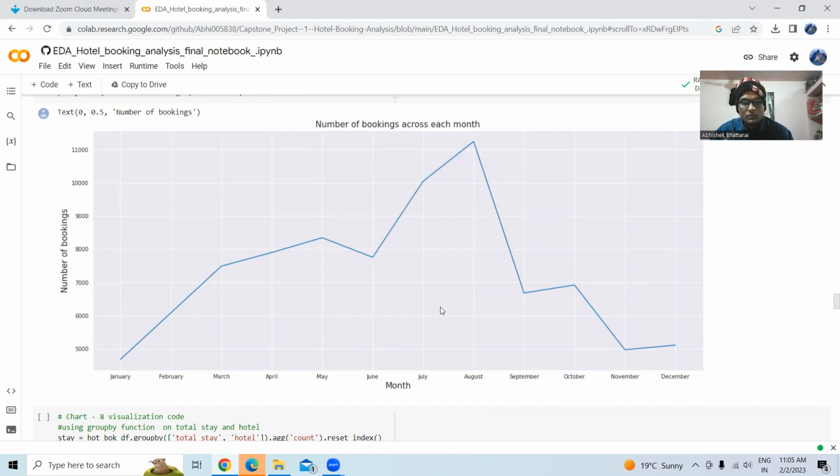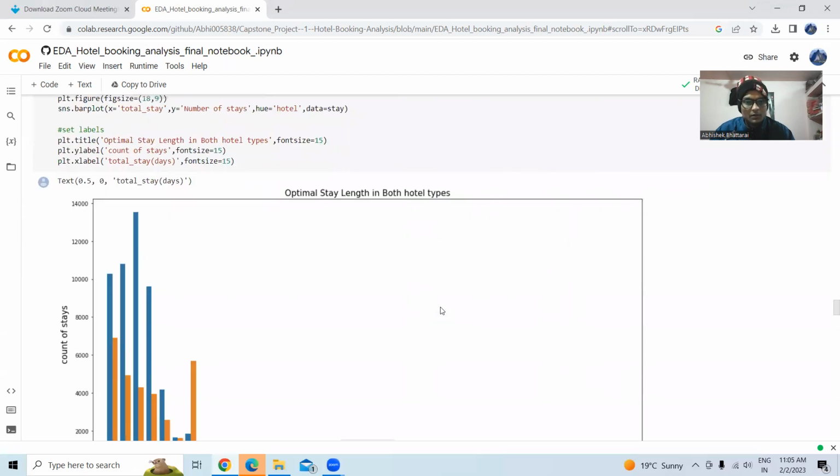This might be because it was the summer season, or people were getting holidays, so they preferred to visit the most. So hotels should prepare well for these months, because they will generate high revenue.